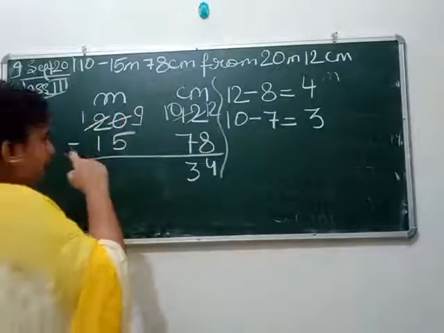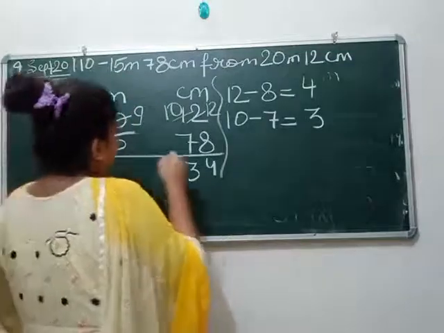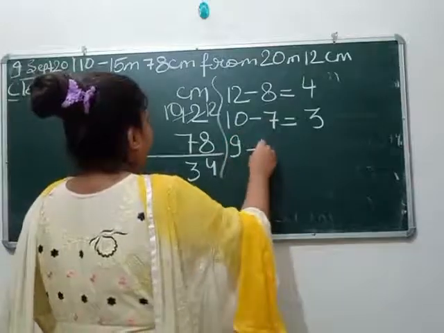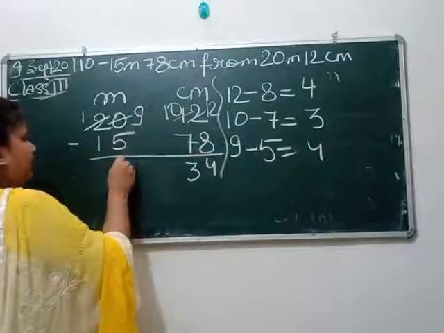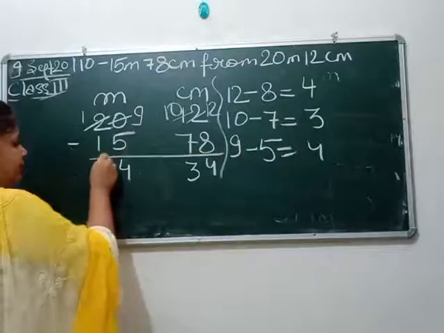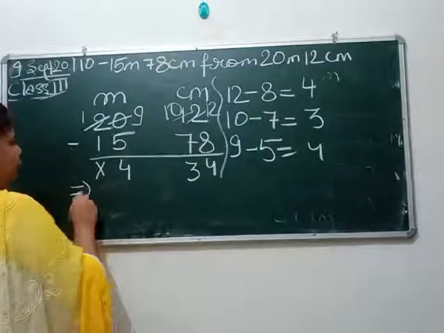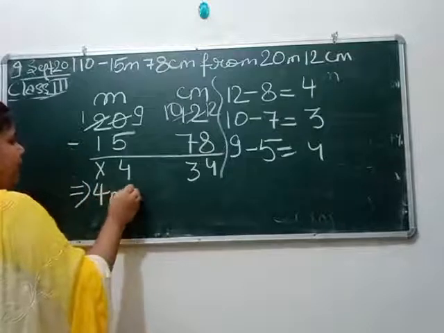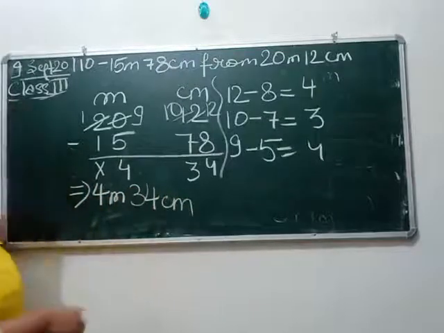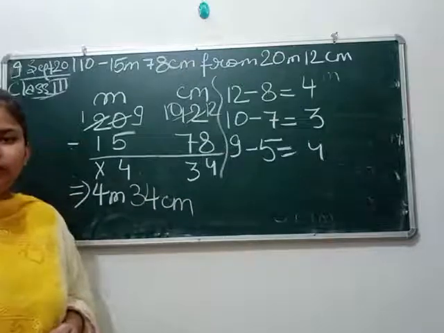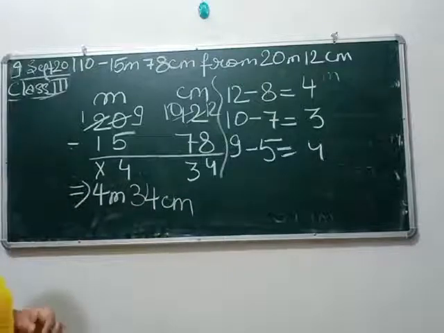Okay. So 9 minus 5, we will get 4, and 1 minus 1 will get nothing. So our answer for this question is 4 meter 34 centimeter.